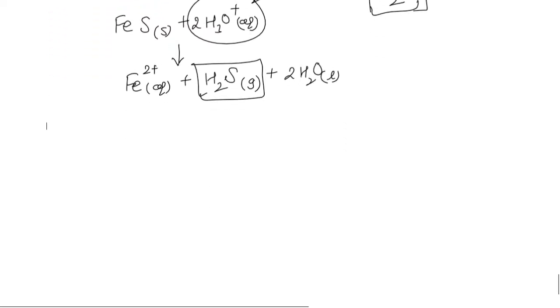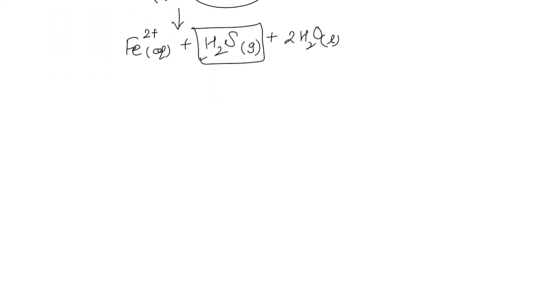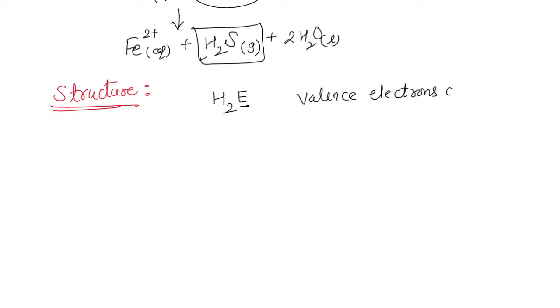Now come to the structural part. In H2E, the group 16 elements have valence electrons, can you tell me how many? Its general electronic configuration is ns2 np4.